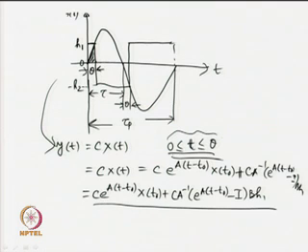Then for this time range, we have got the state expression as this one, which is multiplied with C to give the output y(t).